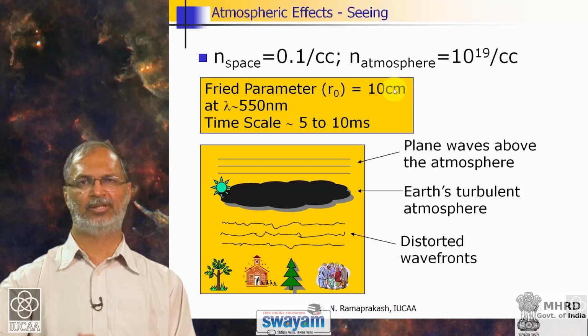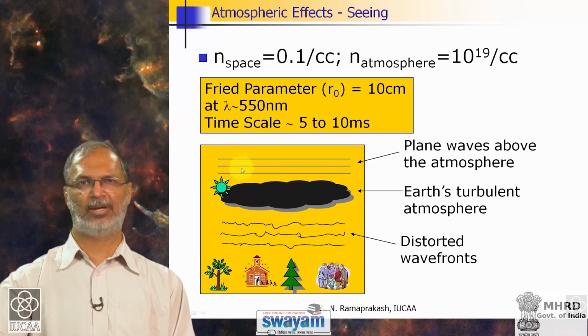The typical atmospheric blob size is of the order of 10 centimeter on the smaller side, which means that at distances separated by 10 centimeter or more through the atmosphere, the effective distance that light passes through can be completely uncorrelated.